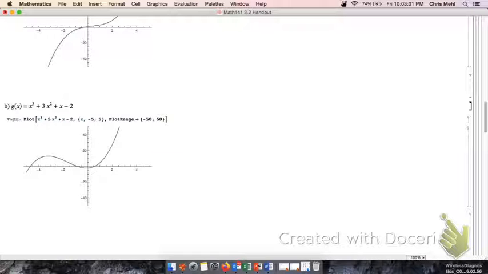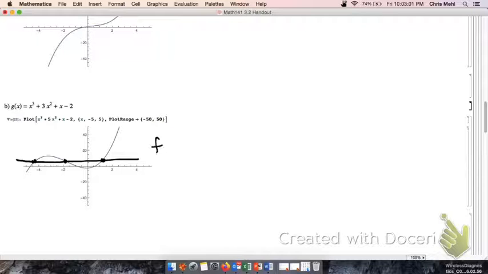Okay, but part B, now if I look at the function g of x equals x cubed plus 3x squared plus x minus 2. To show something's not 1 to 1, I just have to find one horizontal line, and I found one right here that intersects the function 3 times.